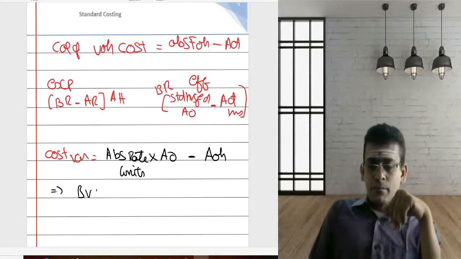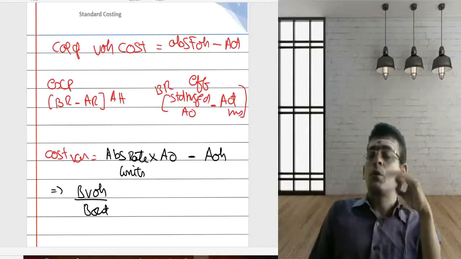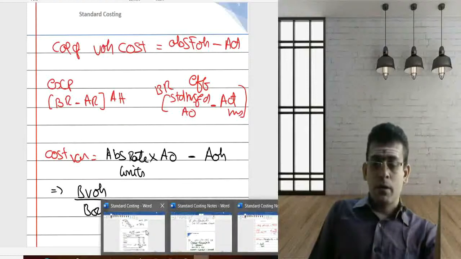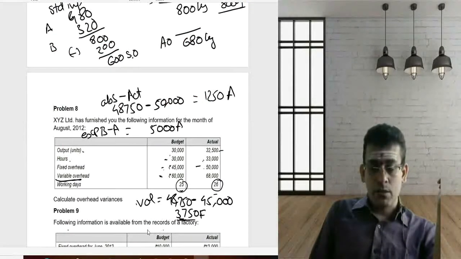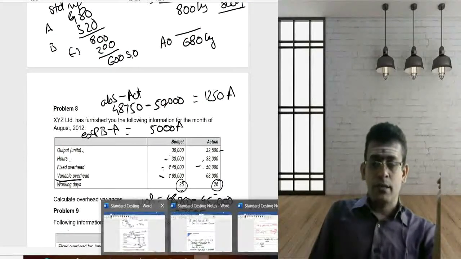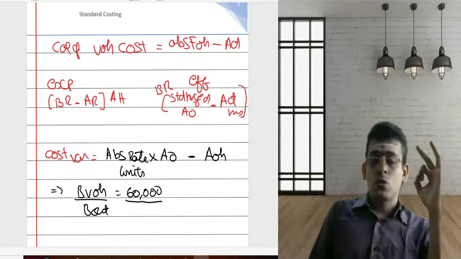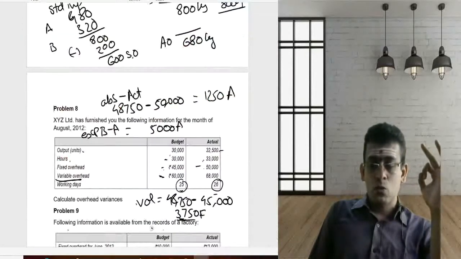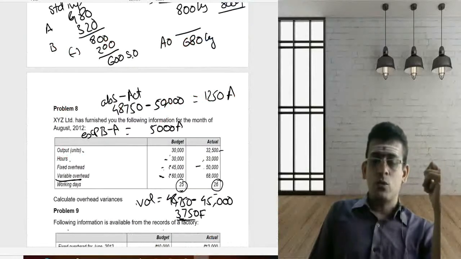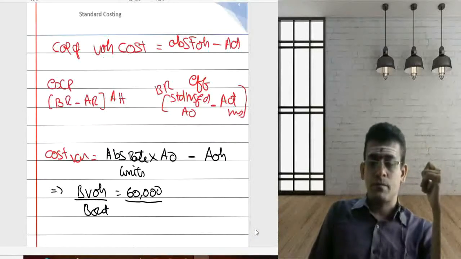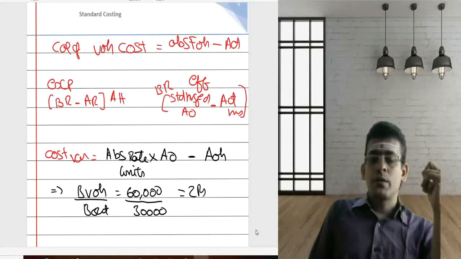Budgeted variable overhead divided by budgeted output. What is your budgeted variable overhead? Go to the question. The budgeted variable overhead is going to be 60,000. What is your budgeted output? Budgeted output is going to be 30,000. You divide this with 30,000. So you will be getting your rate. How much? 2 rupees per unit.